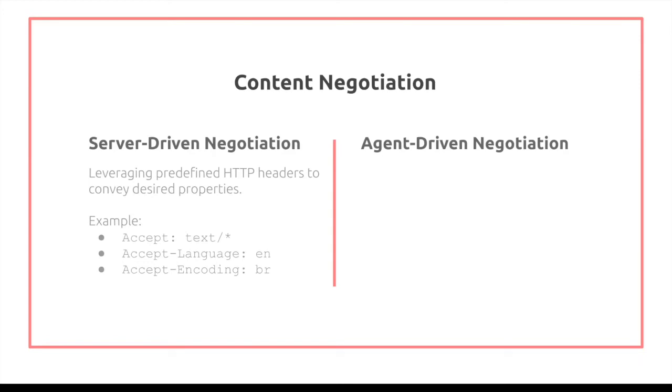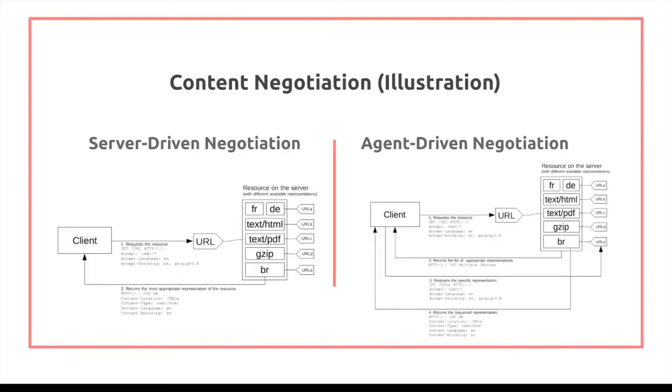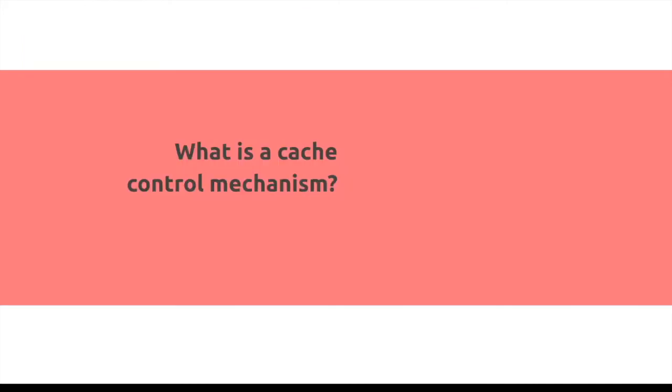If I say English, likely I'll get an HTML page that is in English. Agent-driven negotiation is actually poorly defined by the HTTP 1.1 standards. Typically, you get a 300 status code, which is multiple choices, and then the user would send subsequent requests to finer grain and pick out what content they need. You can pause this slide just to see the specifics of how this works.